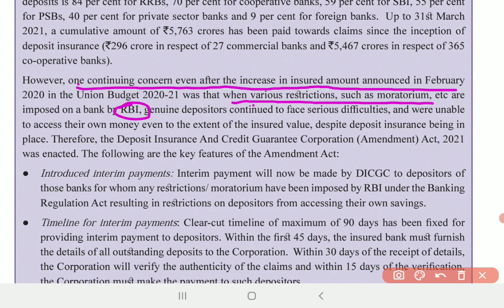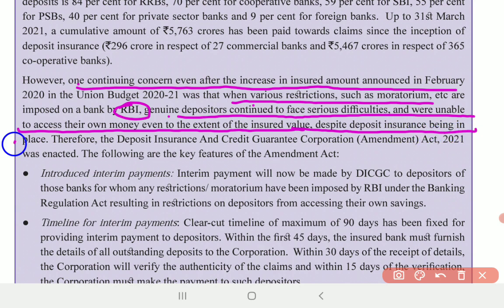Due to these, the depositors continue to face difficulties and were unable to access their own money even to the extent of the insured value, despite deposit insurance being in place. So despite having insurance cover, they are unable to withdraw their amount. Such moratoriums will be announced by RBI.